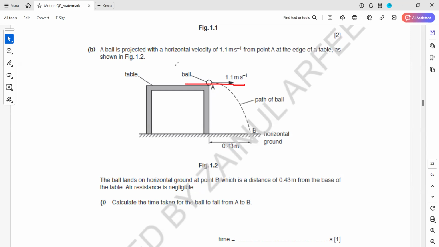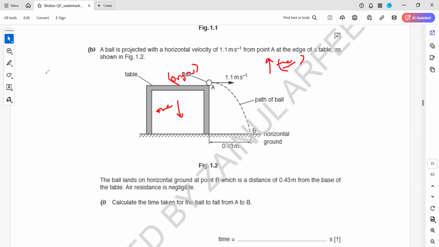If I consider this as my origin, it depends on which directions I consider positive; the other directions will be considered negative. For example, I consider this as my origin and I consider all the downward values as positive. So all the upward values will be negative. Anything pointing up will be negative and anything pointing down will be positive.